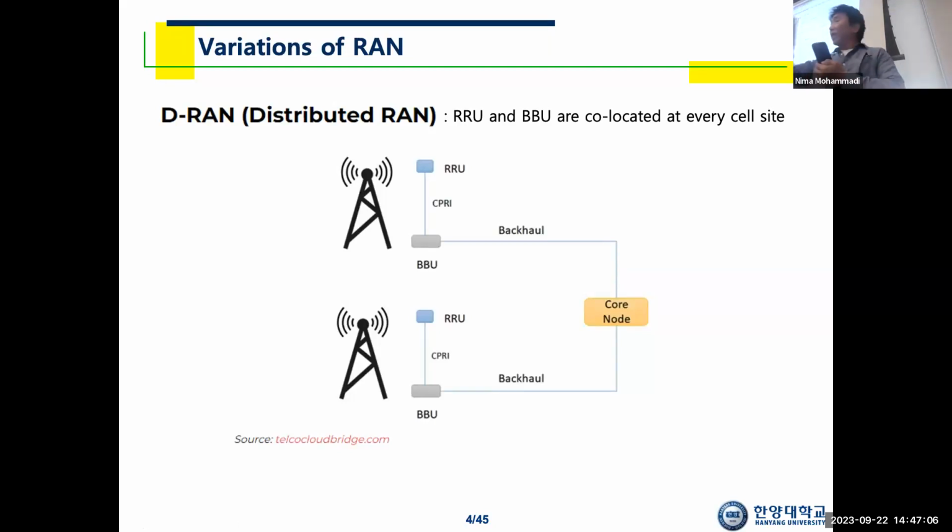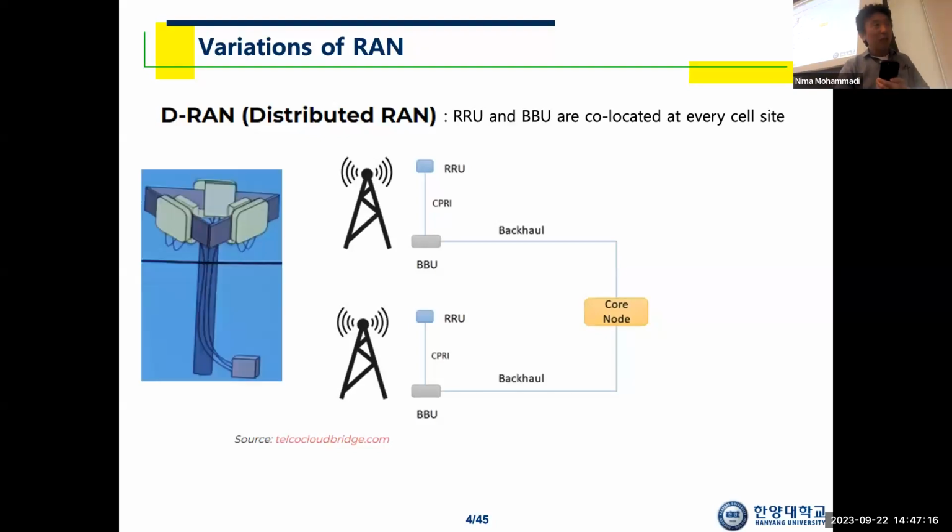So each cell site has antenna, radio unit, baseband unit all together at one place. This is what they call DRAN. I think I took this picture from the classroom of Dr. Reed and Dr. Tripathi, and his base station must correspond to DRAN, right? Thank you for this nice picture, Dr. Tripathi.